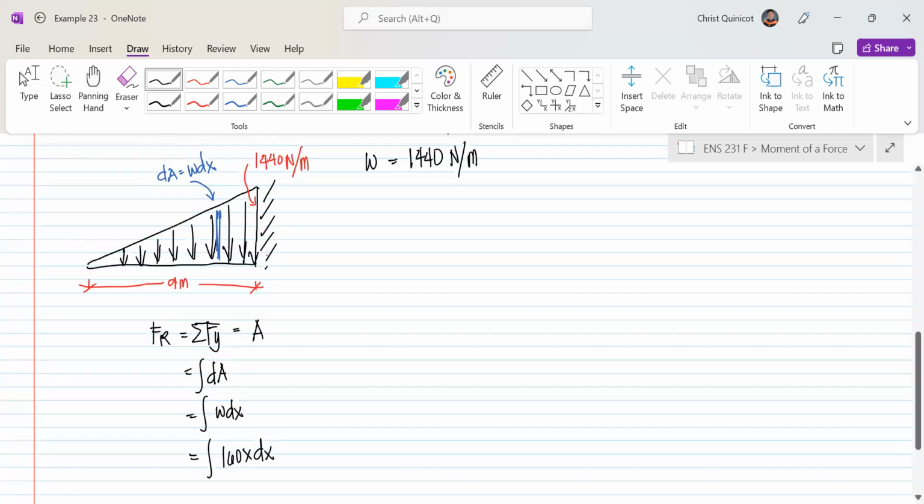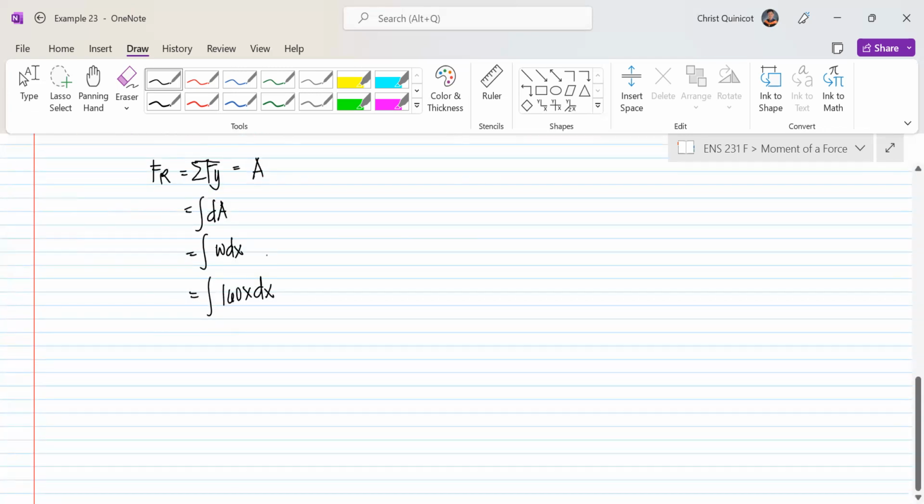We integrate that over our entire length, from 0 to 9, which is equal to 160 from 0 to 9 of x dx.